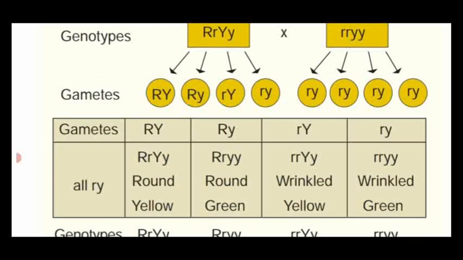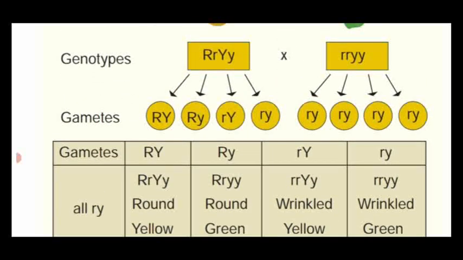They are producing 4 different gametes. Capital R is combined with capital Y and small y, so capital RY, capital R small y. Then small r is crossed with capital Y and small y: small r capital Y, small r small y.